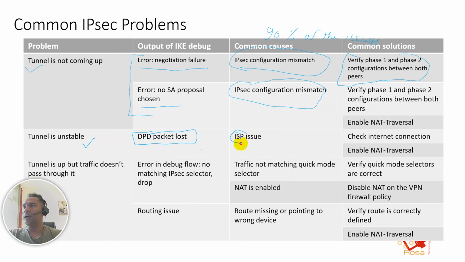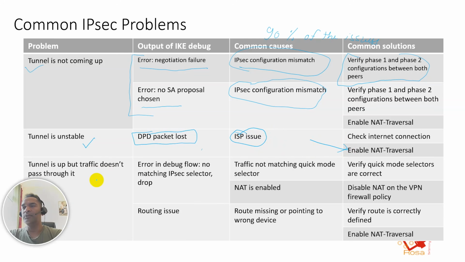It can be due to ISP issues, or DPD not being received due to a connection issue, cable issues, layer 1 or layer 2 issues, DPD not configured exactly the same on both sides, and NAT traversal.